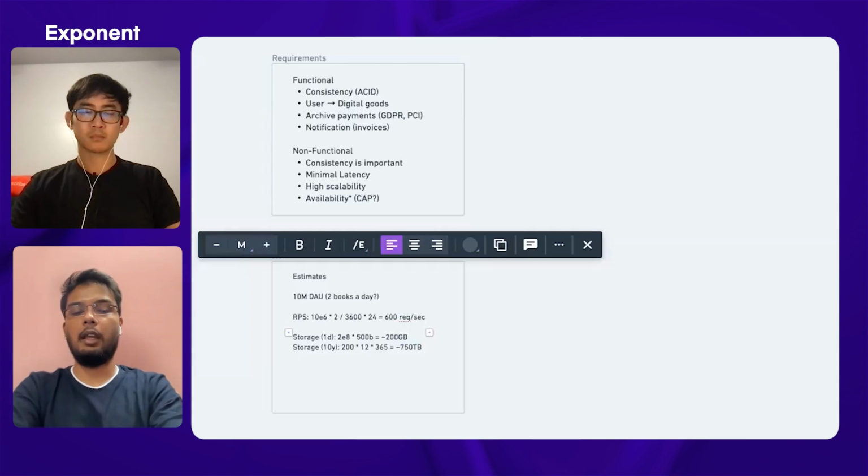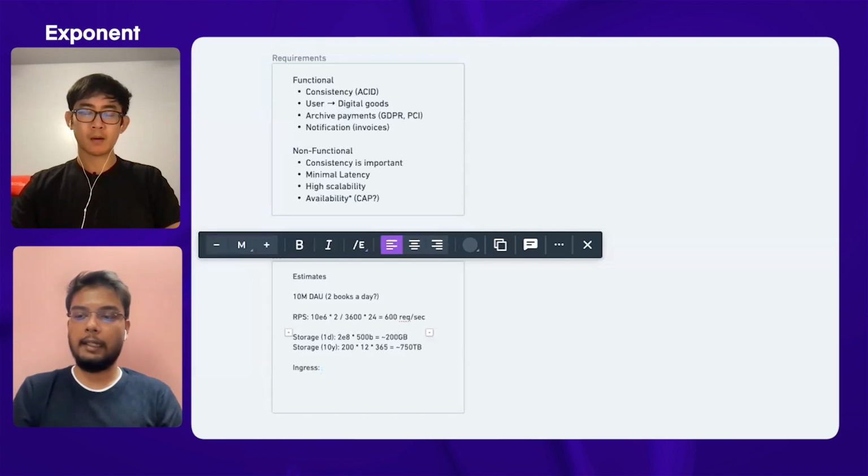Okay, and lastly, just to estimate how much traffic, how many megabytes or gigabytes per second, our servers will be serving. For that, I'm going to use our storage for a day, or RPS, and calculate per second how much traffic we serve.